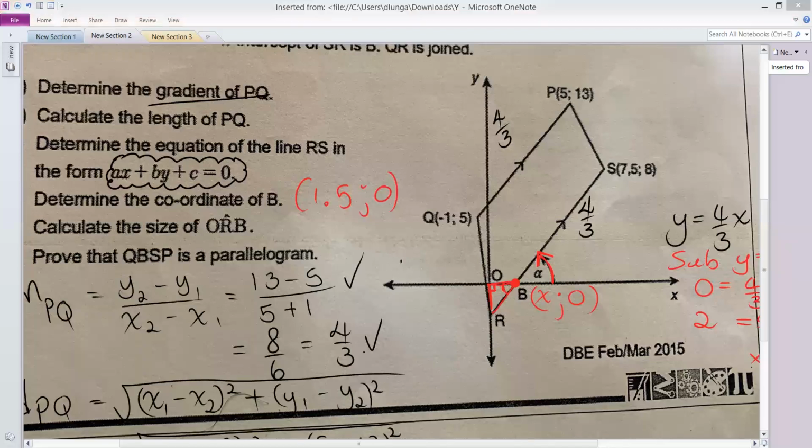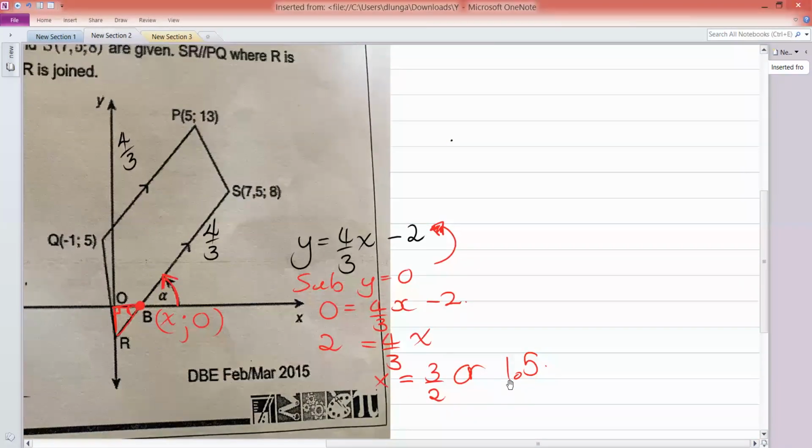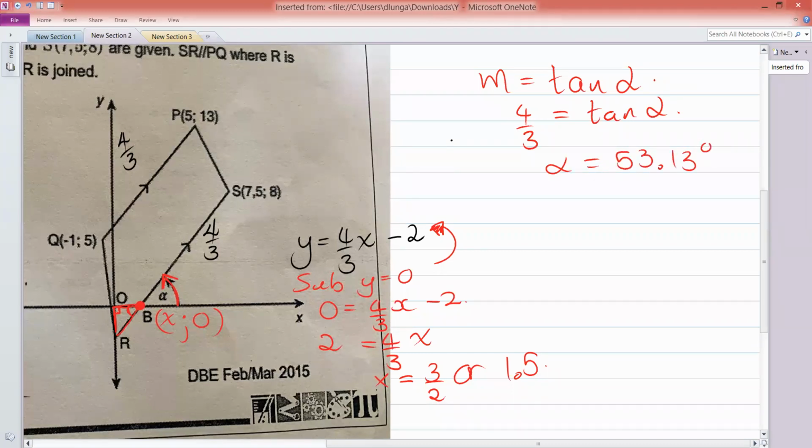So remember, we're still working with this. m equals tan alpha. m is 4/3, equals tan alpha. So inverse tan both sides. When you inverse tan both sides with your 4/3 there, alpha is equal to 53.13 degrees.